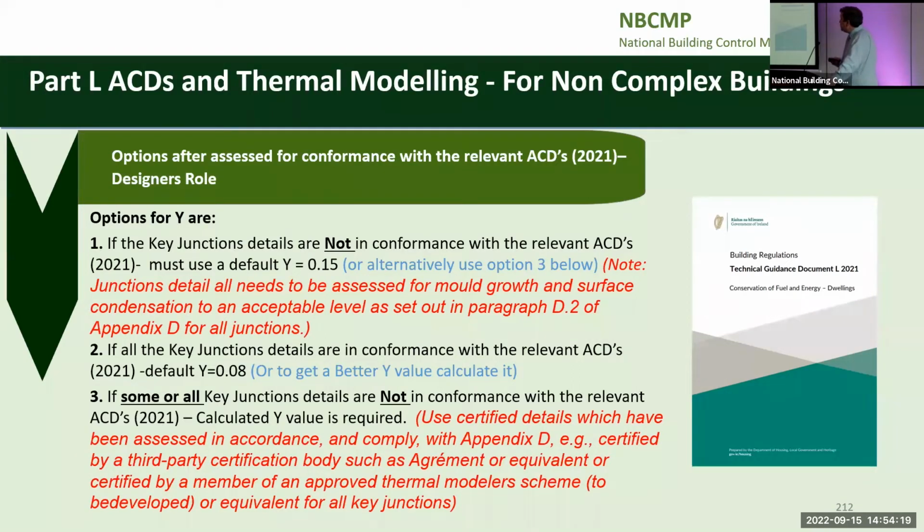If the key junction details are in conformance with the relevant ACDs, you can use the Y value of 0.08, or you can get a better Y value by creating your table and calculating it. If some or all of the key junction details are not in conformance with the relevant ACDs, you have to calculate the Y value.